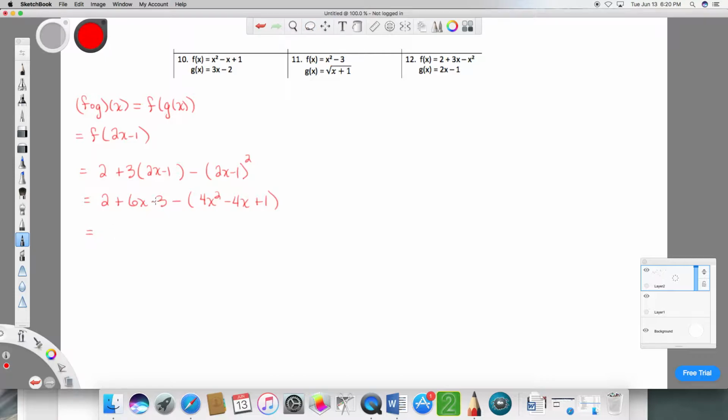So I have 2 plus 6x minus 3 minus 4x squared plus 4x minus 1. I'm going to write this in standard form in descending order. So I only have one squared term. I have 2 linear terms. And I have 3 constants.